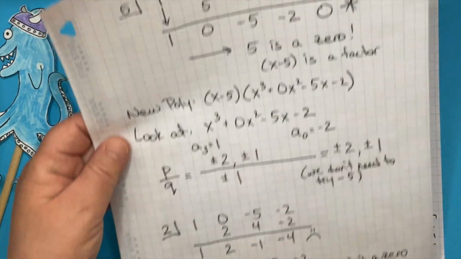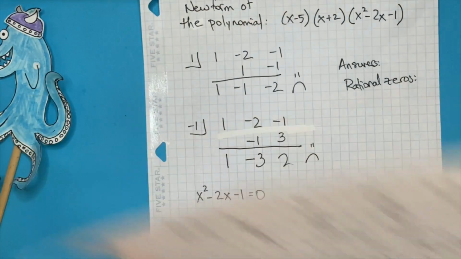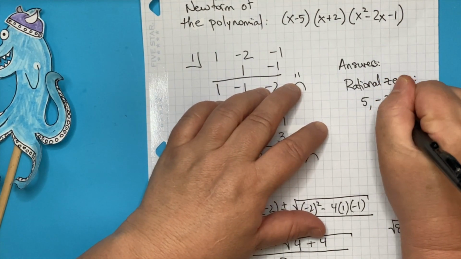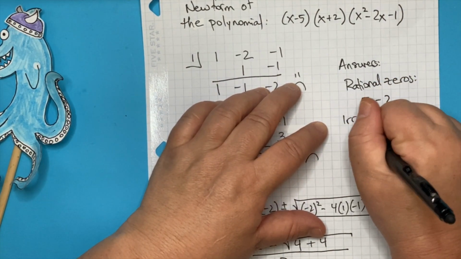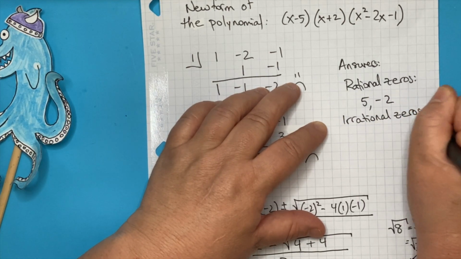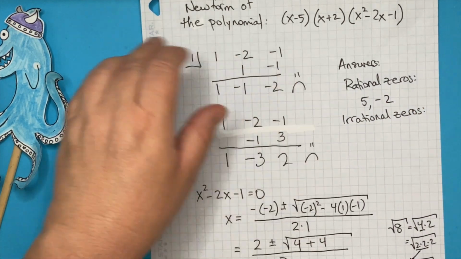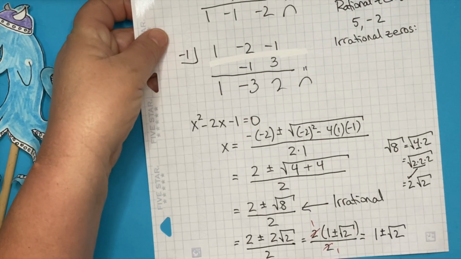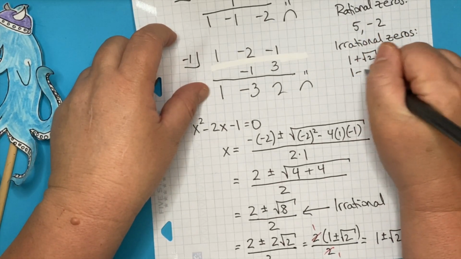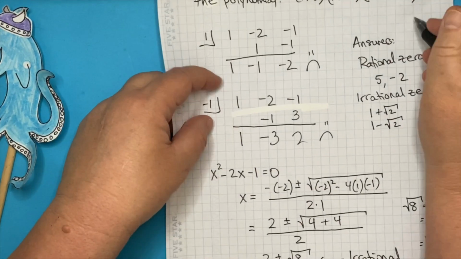Yes, yay. We found negative 2. So we found 5 and negative 2. And then irrational, which the problem doesn't ask us for, but I thought let's just do it. We were so close. 1 plus radical 2, 1 minus radical 2.